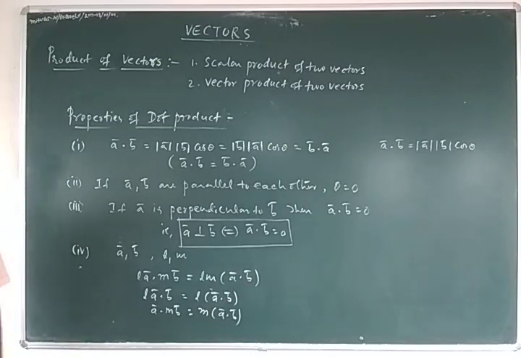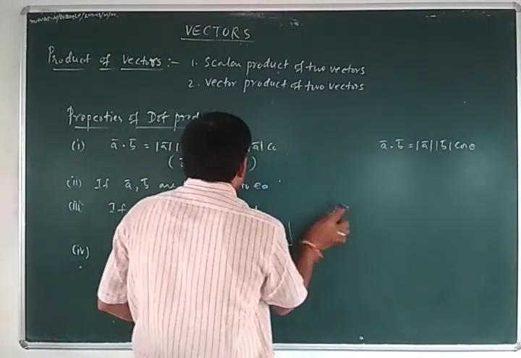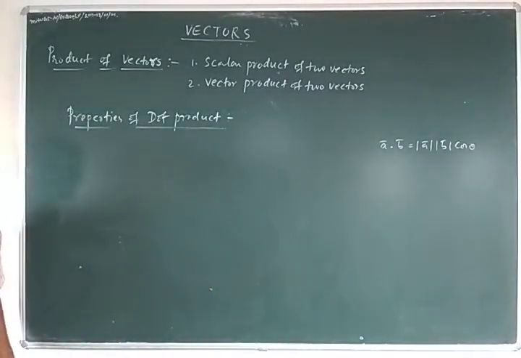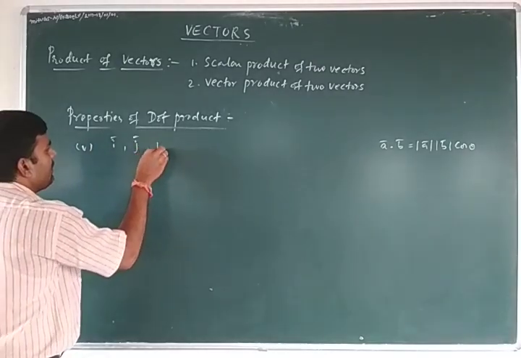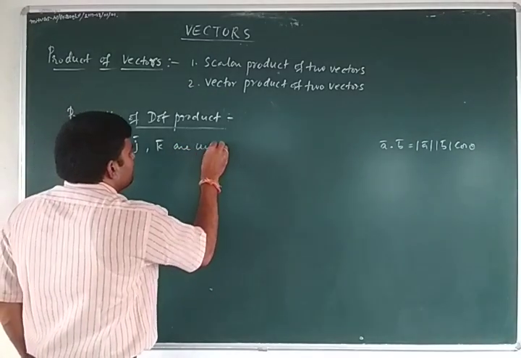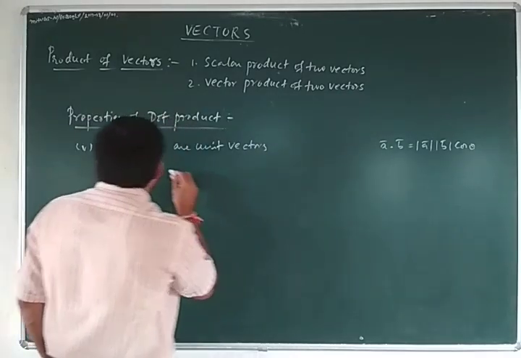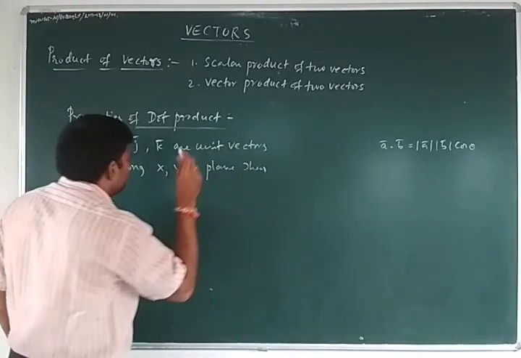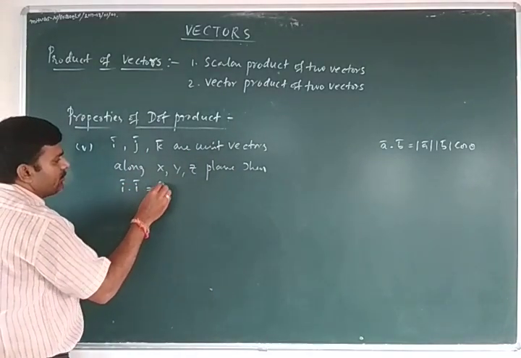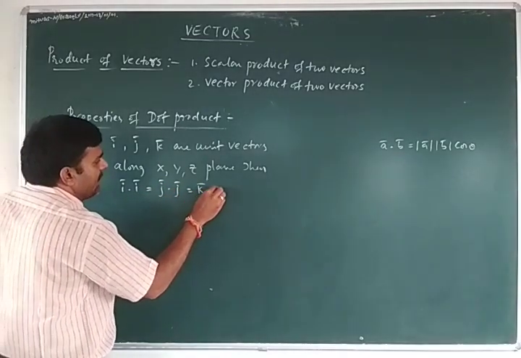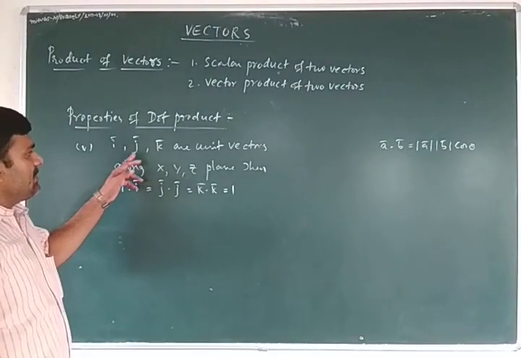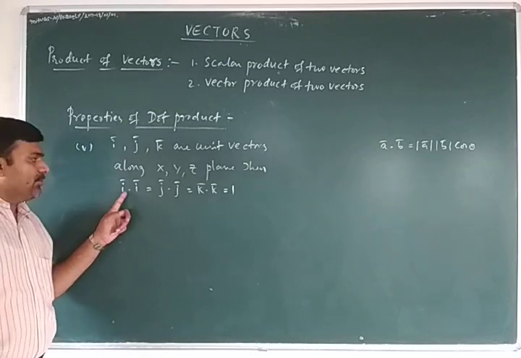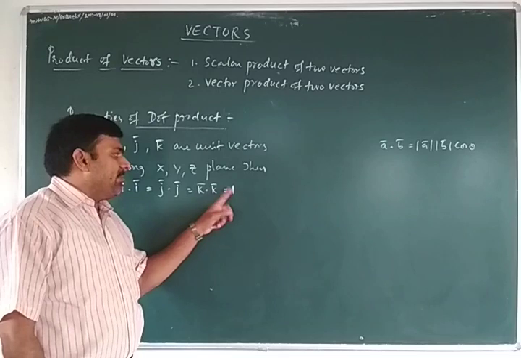Some more properties. Fifth one: suppose I bar, J bar, K bar are unit vectors along the x, y, z axes. Then the magnitudes of I bar, J bar and K bar are each equal to 1.